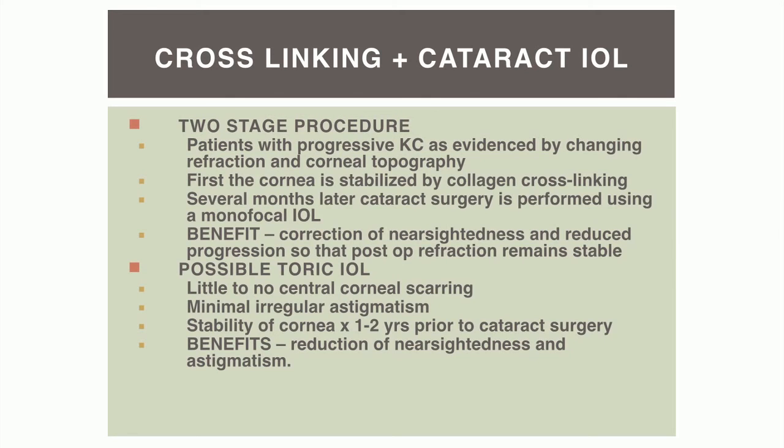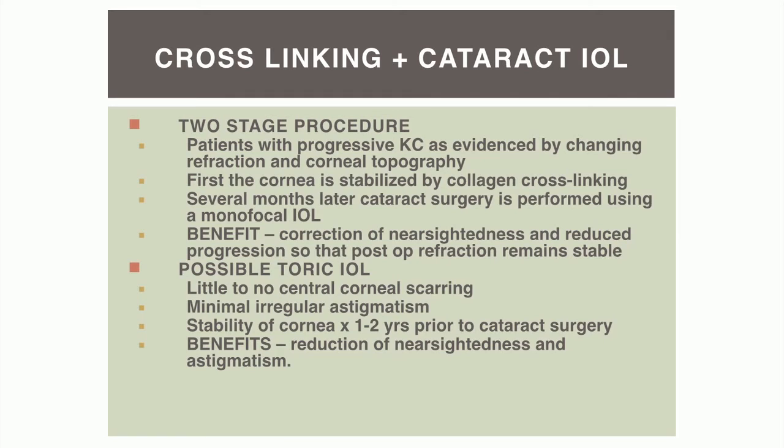So let's talk about staged procedures, because I think this is really the thing to talk about if you have keratoconus and a cataract. And the reason to do a staged procedure would be that the stability of your cornea is either not stable, or the cornea itself, the shape of it, could sometimes be improved in order to provide you with a better post-operative cataract result.